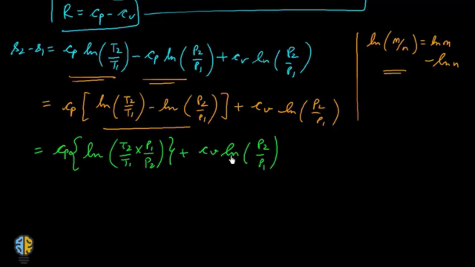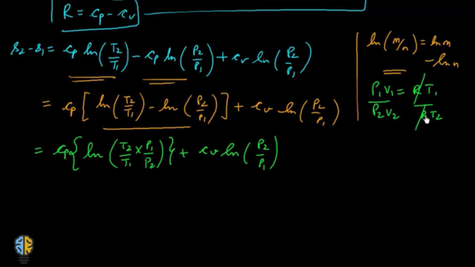Alright, now if you remember the ideal gas equation, let's use P1 V1 is equal to R T1 and P2 V2 is equal to R into T2. So let's divide these two equations.